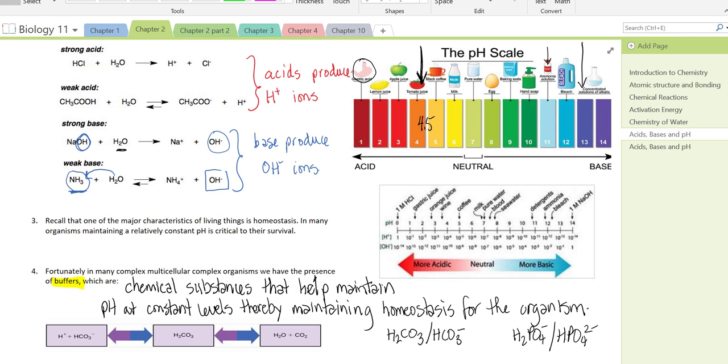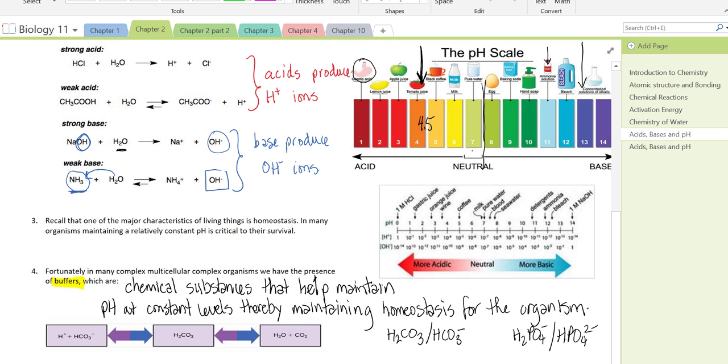So think of it as this. Any living cell, an individual cell, or a multicellular organism, could be impacted by various acids or bases. And so if we look at this little pH scale here, pH is a measure of H plus.